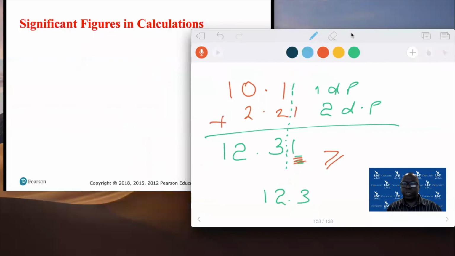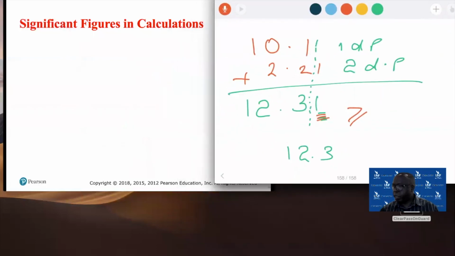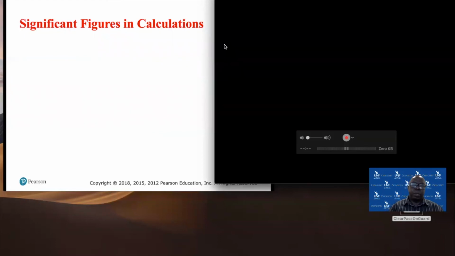So if this is 5 or greater, you increase the preceding digit by 1.